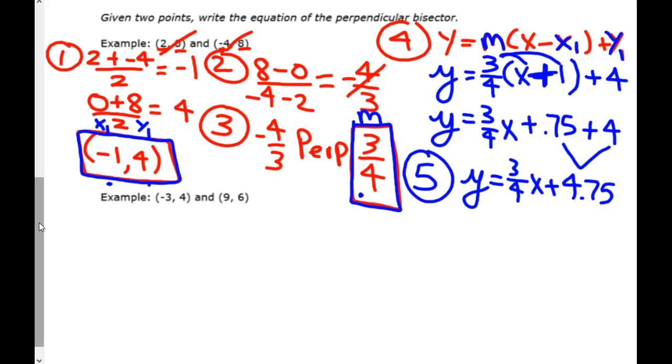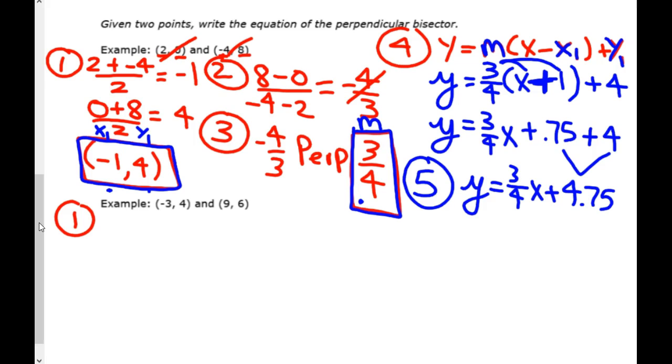All right? Now, example 2, number 1, you, sir. All right, what are my x's? -3 and 9. Okay, let's add them up. Negative 3 plus 9 divided by 2. Now, we'll cut to the chase. If you type that in your calculator, you're going to get 6 over 2, which is 3.